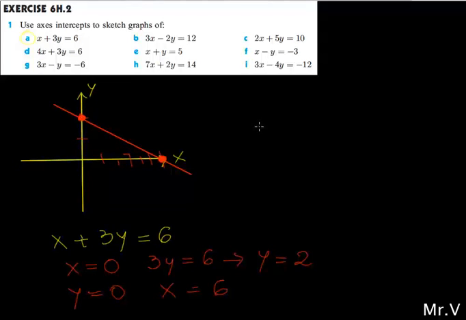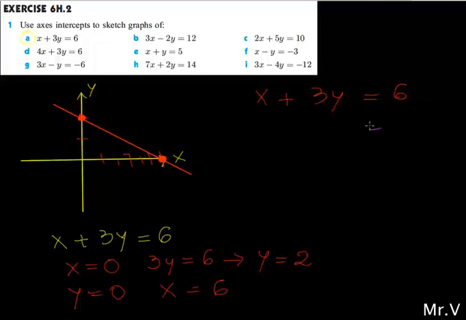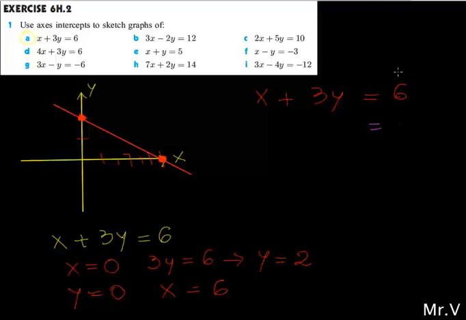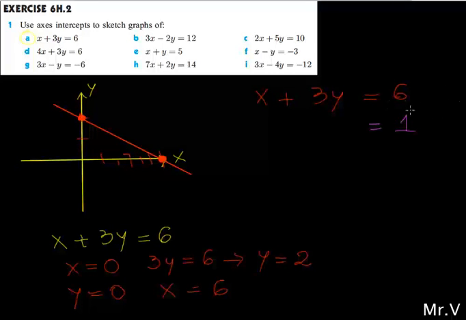What you have to do, no matter the values of the equation that you have, is to make c equal to 1. So how do I make that equal to 1? By dividing by 6. Whatever you do on one side, you have to do on the other side. So if I divide the right side by 6, I have to divide everything on my left side by 6.